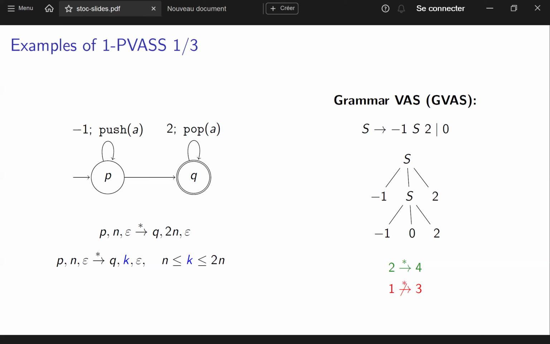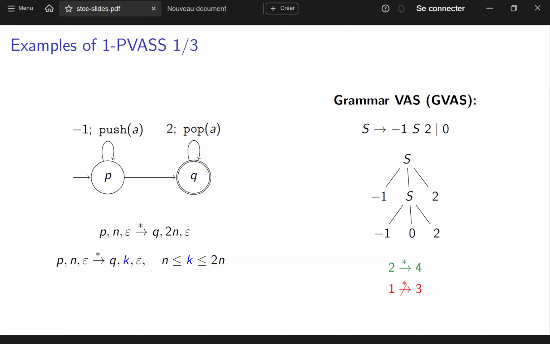Here we work in dimension 1, so the terminals are just integers. We say that in this grammar VAS, we can reach the natural number m from the natural number n if the context-free grammar produces a word whose letters plus n sum to m, and such that the partial sums are all non-negative.